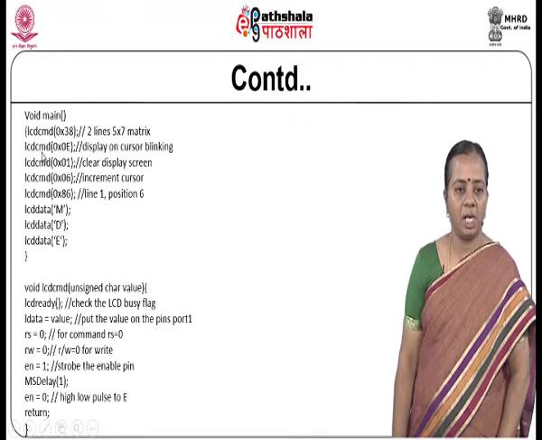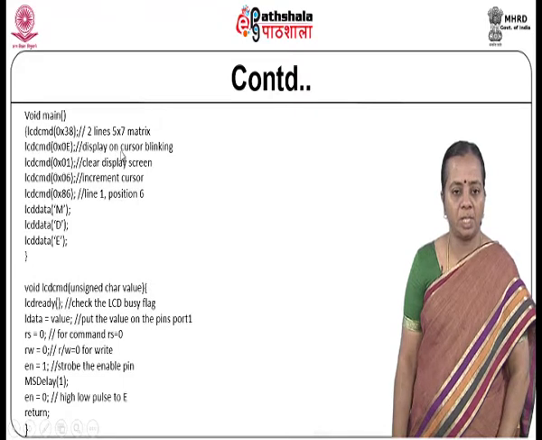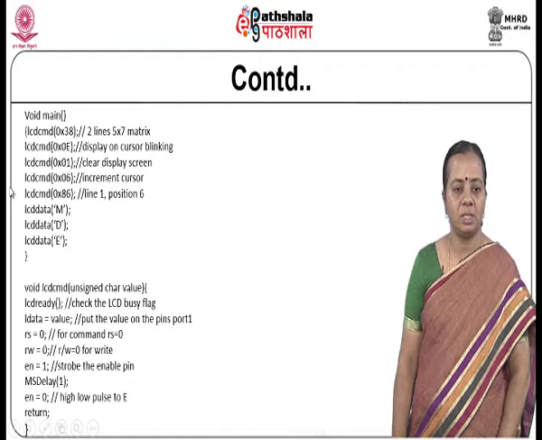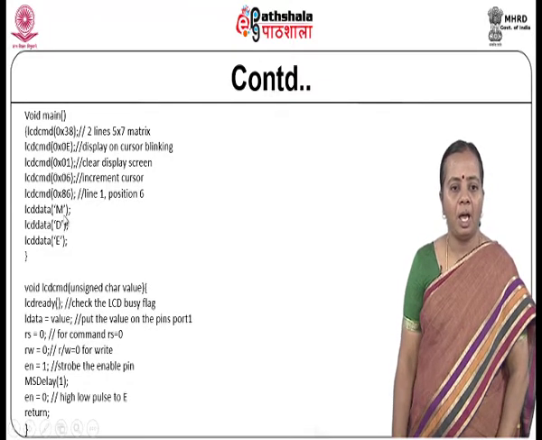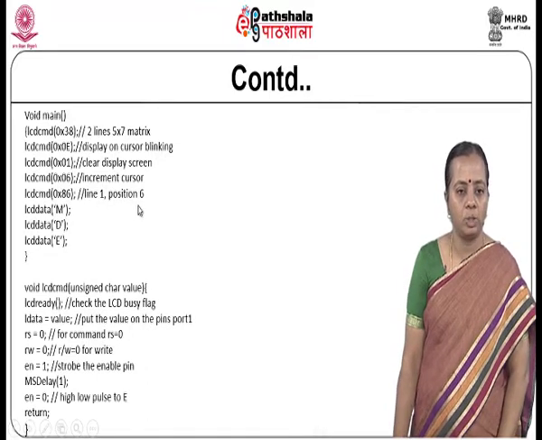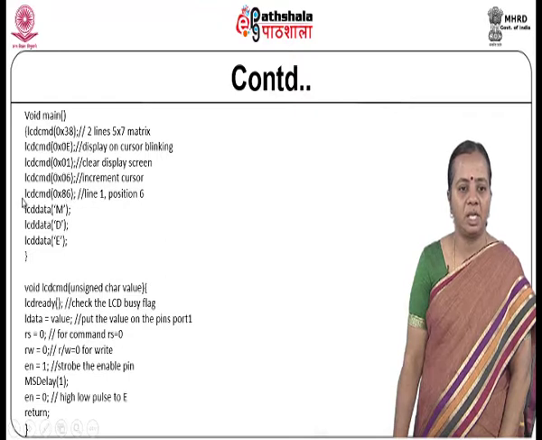Then I send LCD_CMD 0x0E, which tells the LCD to turn the display on with the cursor blinking. Then 01 is sent through LCD_CMD to clear the display screen. Then 06 is sent to increment the cursor, and we want to place the cursor on line 1, position 6, by sending LCD_CMD of 0x86.